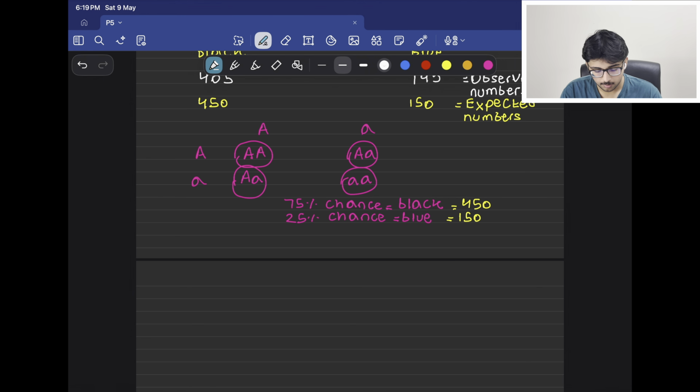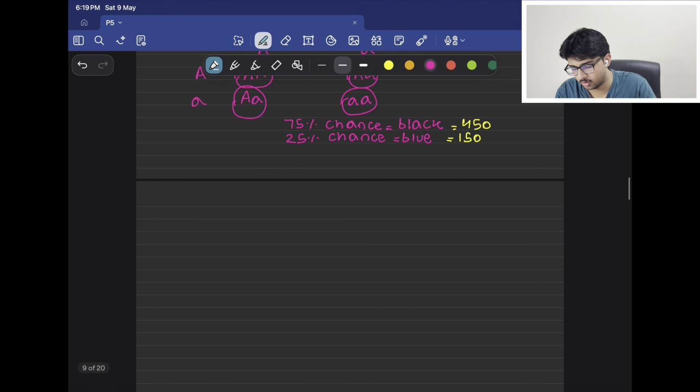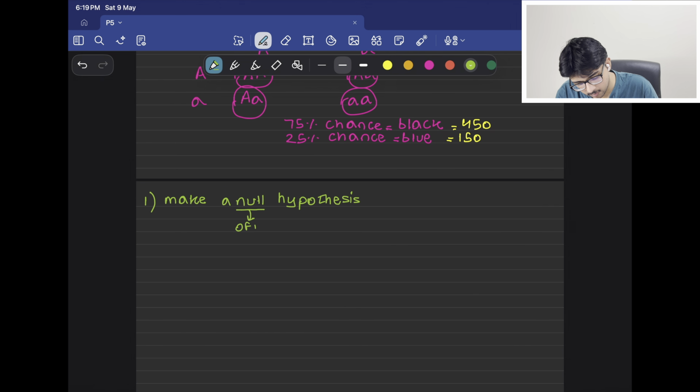So how do we perform the chi-square test? I'm going to write down all of the steps and then we're going to do these steps together. So step number one, make a null hypothesis. Now, many students find this really tough, but actually, this is really simple. The word null means of no significance.